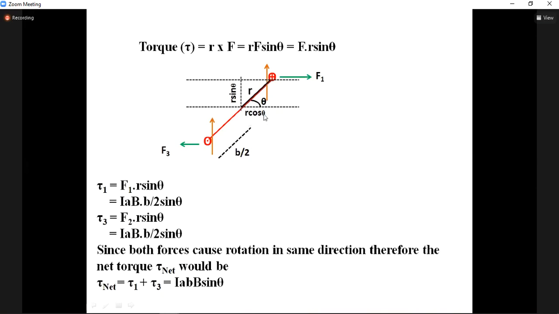The horizontal component will be R cos theta, while the perpendicular component will be R sine theta. This perpendicular component will act as the moment arm, and it is perpendicular to both the axis of rotation and the line of action of the force. So this will be equal to RF sine theta. Is it clear now?